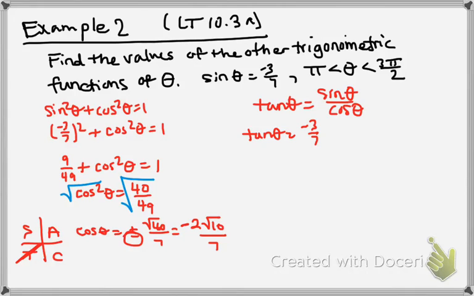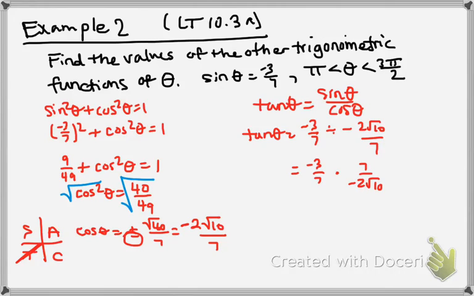And then we're going to divide that by, and instead of writing it over, I'm just going to hit divide by negative 2 square roots of 10 over 7. Now remember, dividing by a fraction is the same thing as multiplying by the reciprocal. So I leave negative 3/7, change divide to times, and then flip the second one, so 7 over negative 2 square roots of 10.